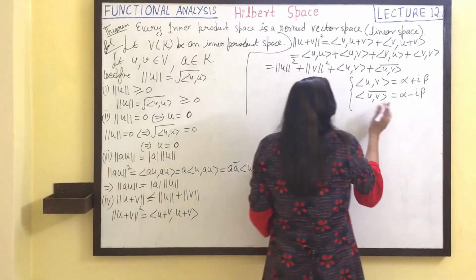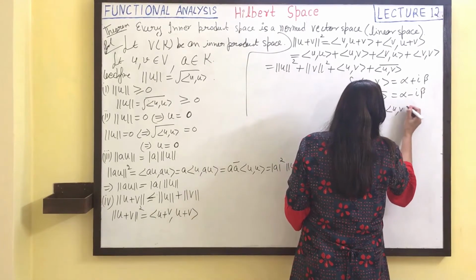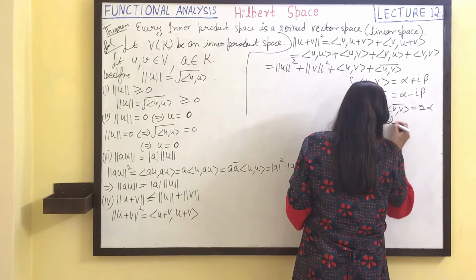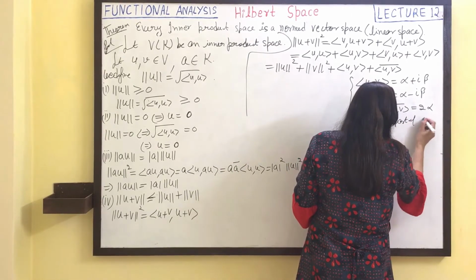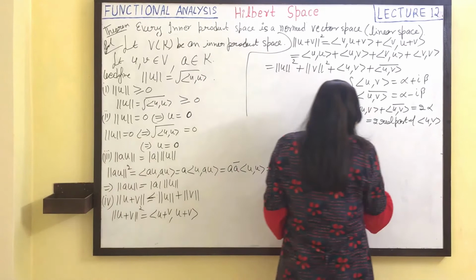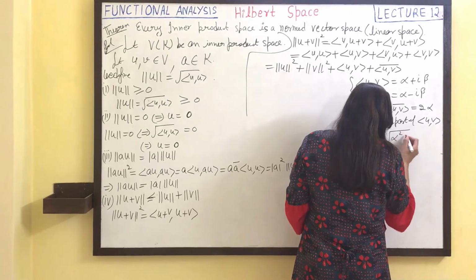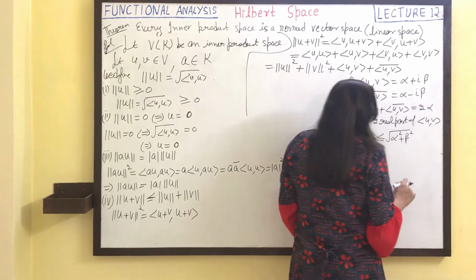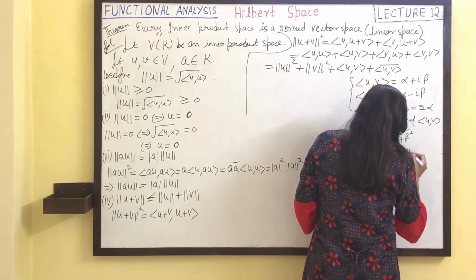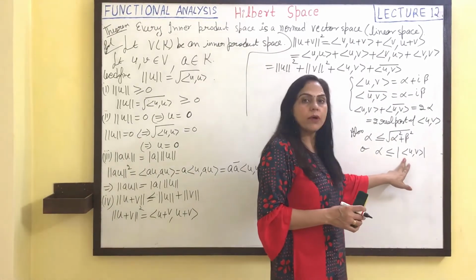And if we add these two factors, here it is twice of alpha, which can be written as twice of real part of inner product of u comma v. And also we can write alpha is less than or equal to alpha square plus beta square under root, or this can be written as mod of inner product of u comma v.